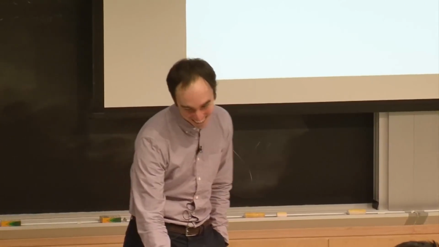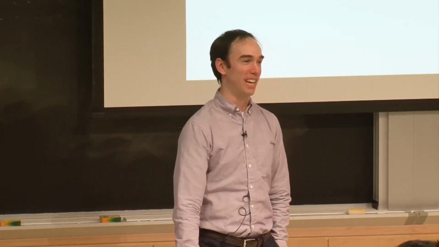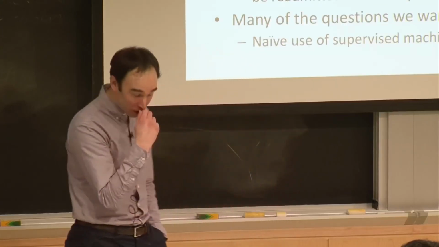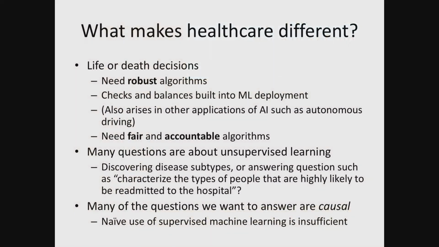We hope. So what's unique about machine learning in healthcare? I gave you already some hints at this. First, healthcare is ultimately, unfortunately, about life or death decisions. So we need robust algorithms that don't screw up.